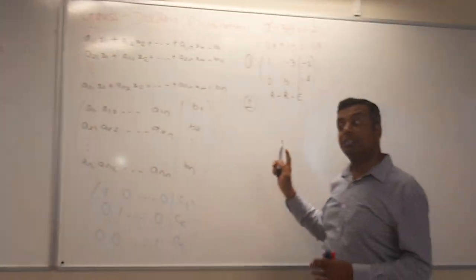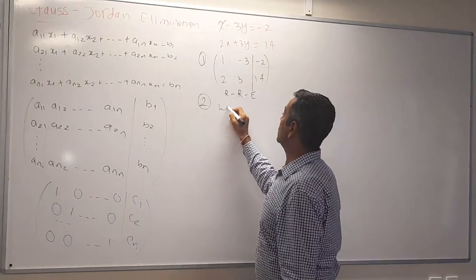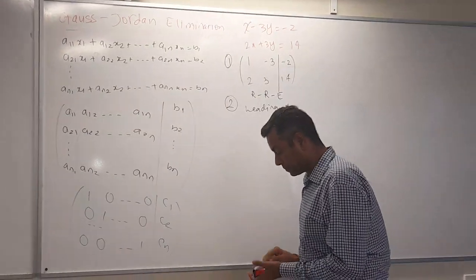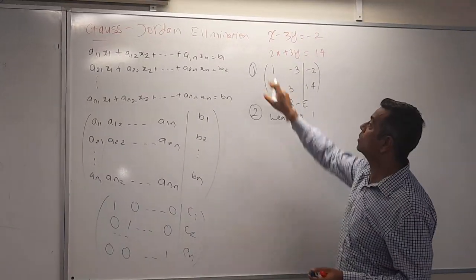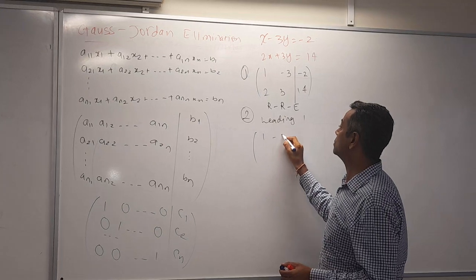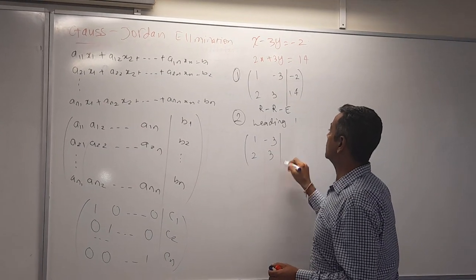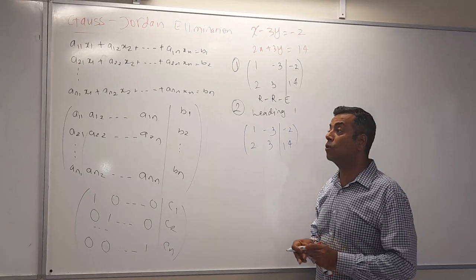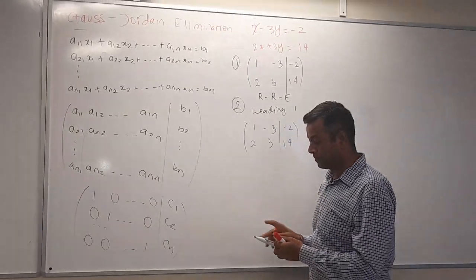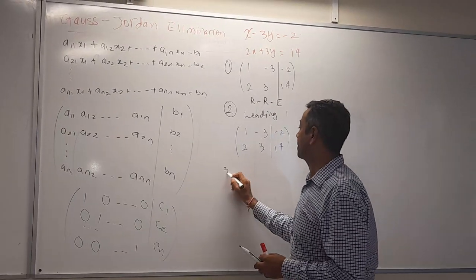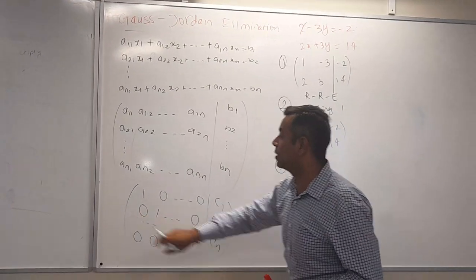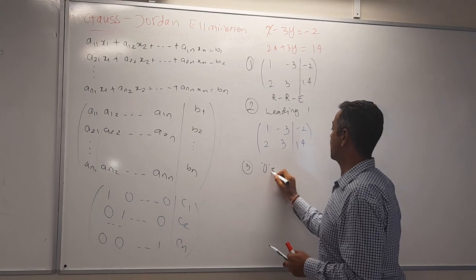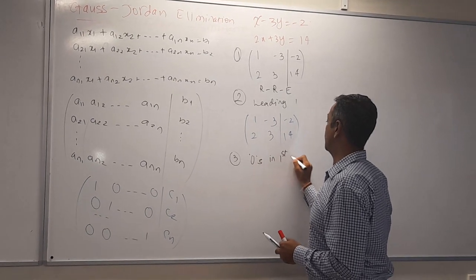What we need to do in step 2 is to bring a leading 1. We are lucky to have 1 here. If it was not, then we would either do some row operation, swapping it with some row, or applying a row operation, so this becomes 1. The next step is to bring a 0 below this, in the first column.